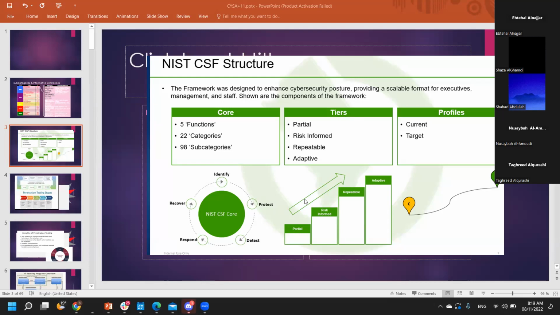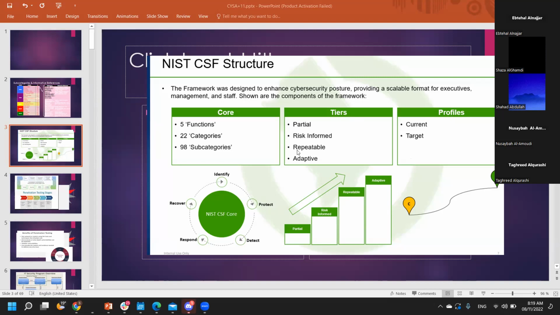Okay, so the maturity level, you can see, goes from partial all the way to adaptive, meaning that when the company first adopts this methodology, it's in this specific area. When they become more mature, they will do this in a more proper way. They will reach the adaptive way. And finally, they have something called the target profiles, meaning this is your company.